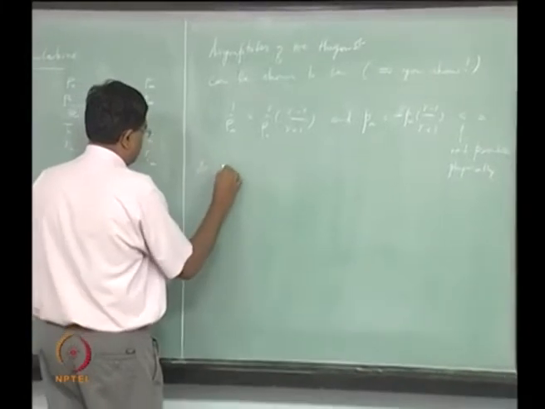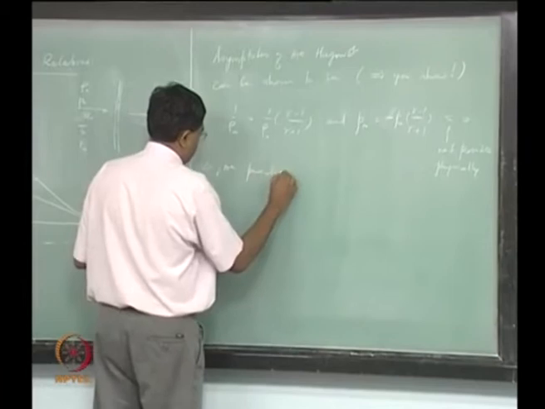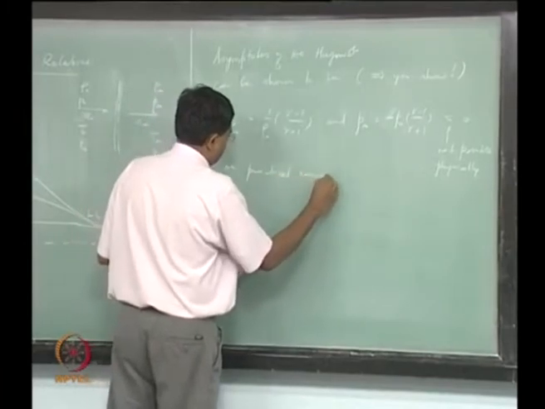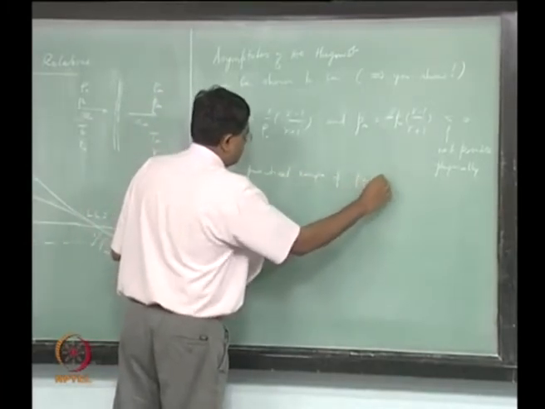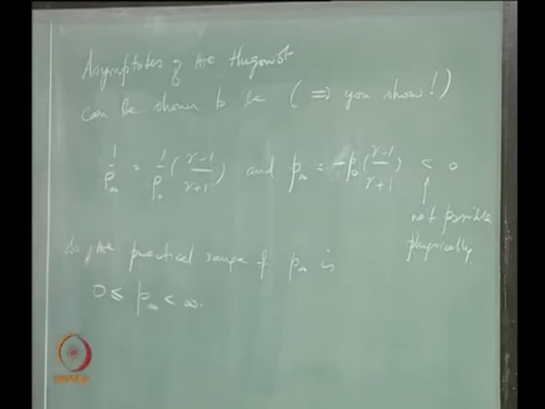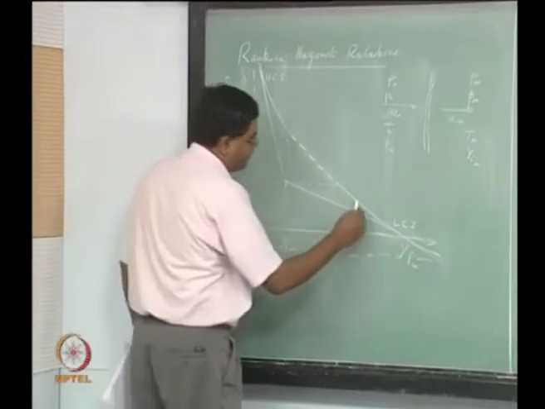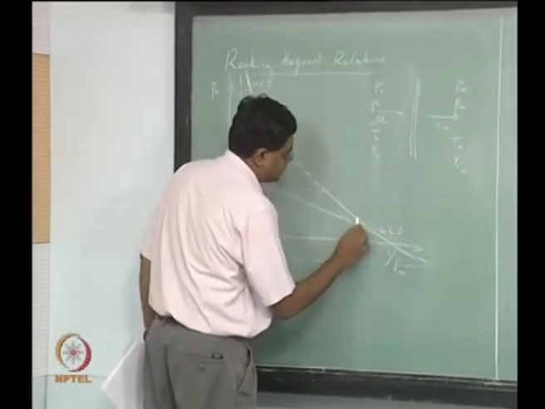So the practical range of p infinity is 0 less than p infinity less than infinity. It can go up to infinity, that's possible. So what is the range of rho infinity? That's now going to span between where the Hugoniot intersects.